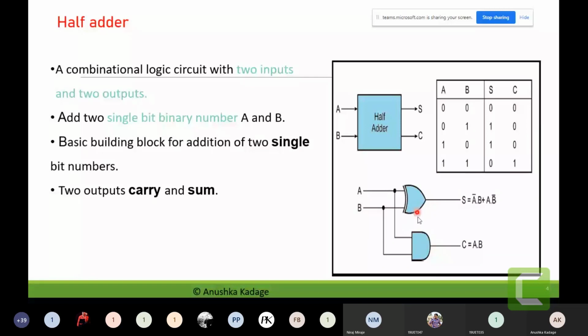And for that, which gates are needed, we have to see from the representation of the output variables in the form of the input combination presented to it. That we have done separately for the individual output variables, sum and then carry. This is how the output diagram is obtained for this half adder.